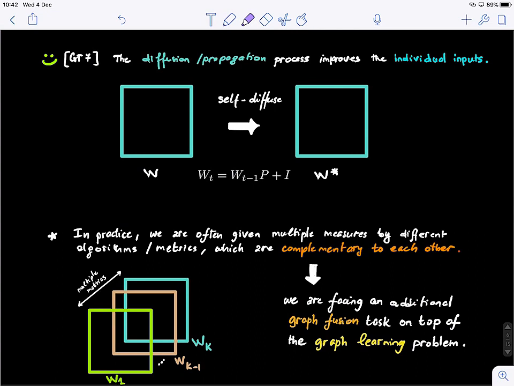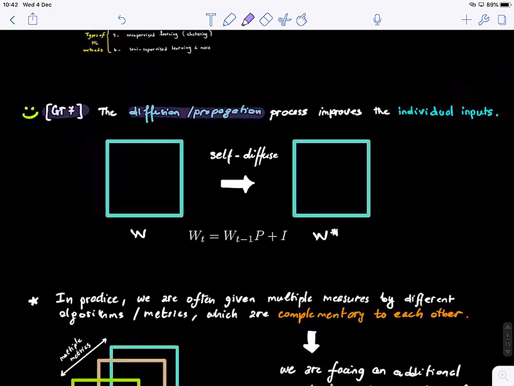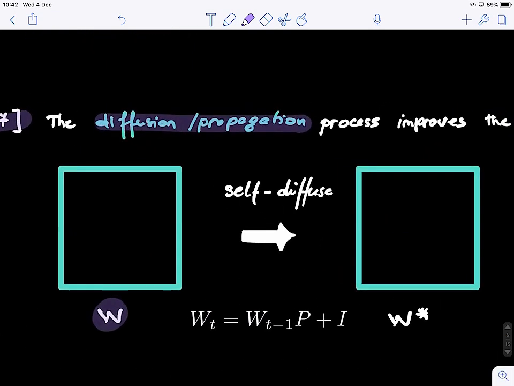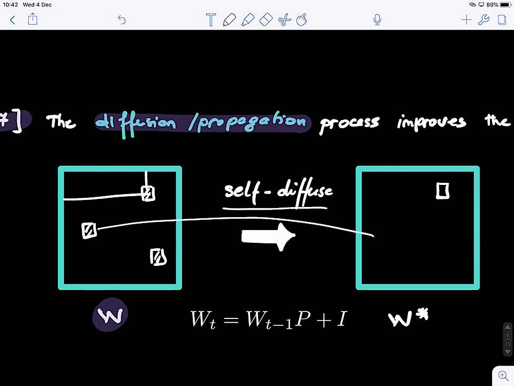So previously in lecture 7, we looked at the diffusion or propagation process for individual graphs, and we found that this actually improves the individual inputs. For example, if we have a W with some noisy observations, right? So with some outliers, very noisy similarities between pairs of samples, the self-diffusion process can suppress this noise, or basically tune down these outliers.